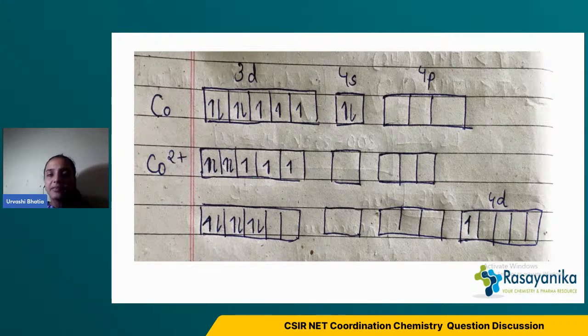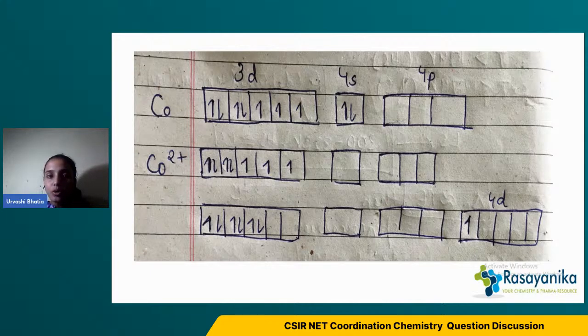Now, as CN- is a strong field ligand, it pairs up these two electrons, and we have one electron which is left. This single electron can be transferred to the 4d orbital.